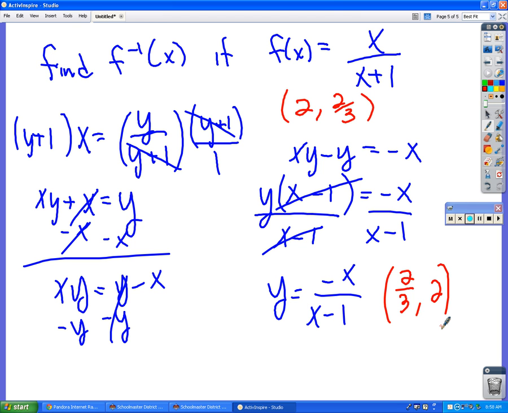You could check that if you want. There's a lot of fraction math going on, so I don't really want to do it. But because they're inverses, if (2, 2/3) is on this function, then (2/3, 2) is a point on the other function. It is flipped around. I'll show you the graph in a second.